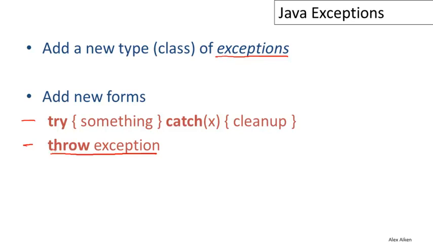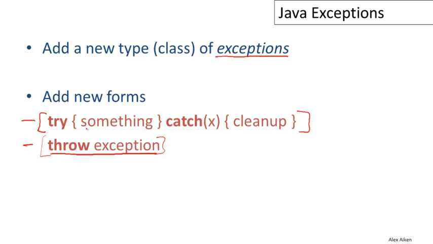And that exception will simply propagate out of the program. It'll basically halt the execution of the program at that point, and any containing constructs will also throw the exception. So the exception will simply propagate up out of the code that's currently executing until it hits a try catch.